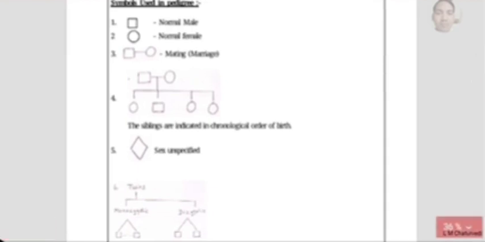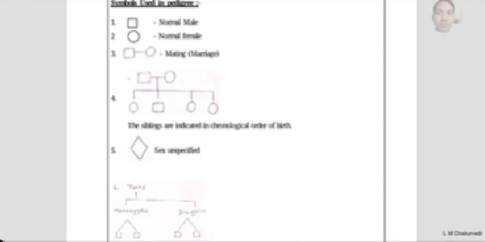These diagrams explain how symbols are used: normal male, normal female, and one line between circle and square shows mating or marriage. We can show the offspring, see diagram number 4, in such a manner. The offspring are a circle, that is female, then a square, then a circle, then a circle.